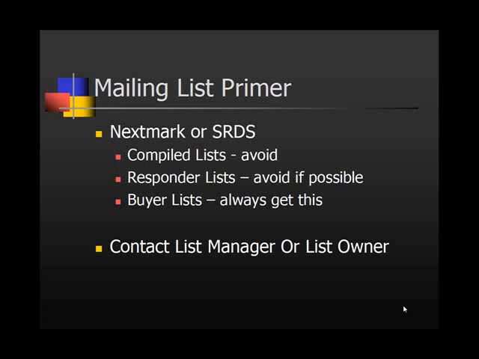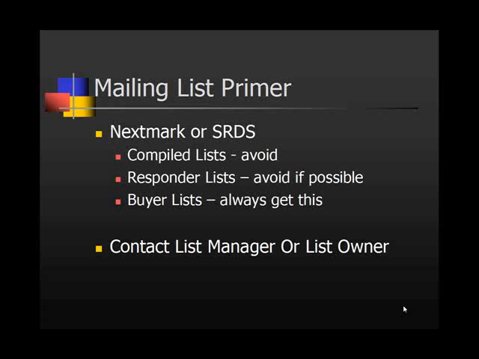The second type of list is what I call the responder list, and basically this is a list of people who actually responded to some kind of free offer. There was really nothing to sell. Basically, they got a postcard saying it's a free offer, and they signed up. So there's not a whole lot of information on whether these people actually converted and bought something or not, but responder lists work from time to time.